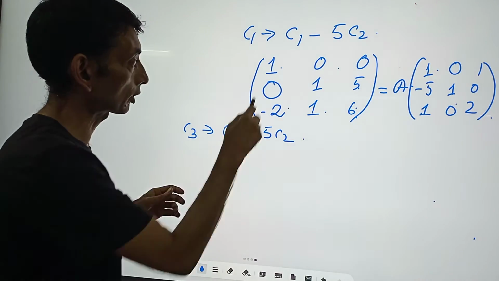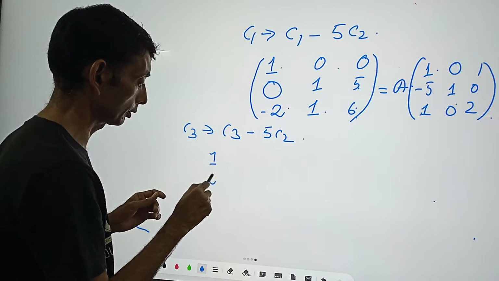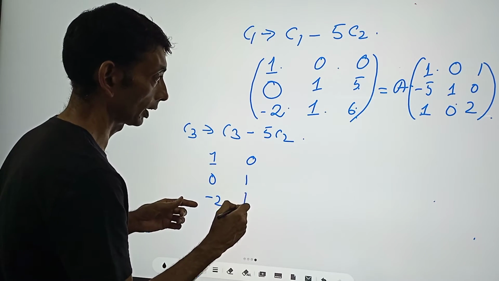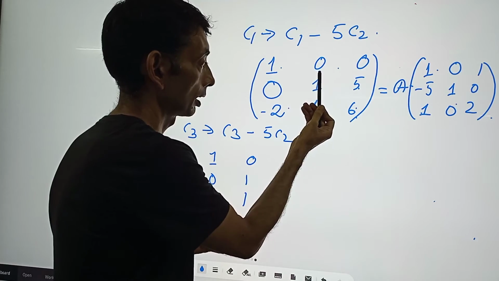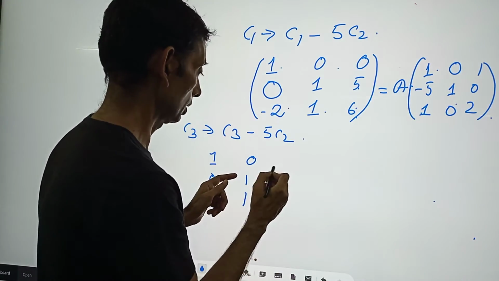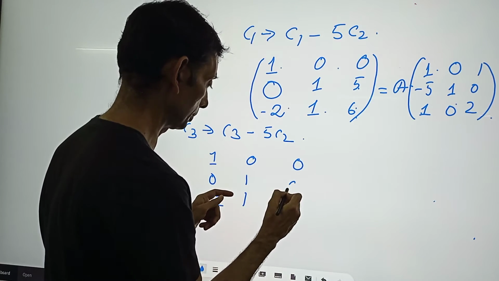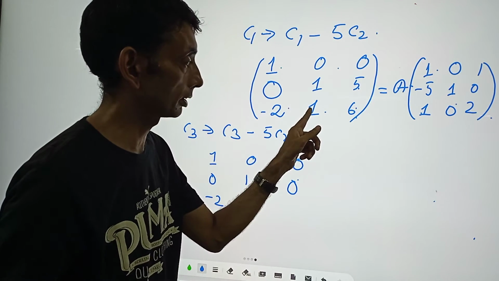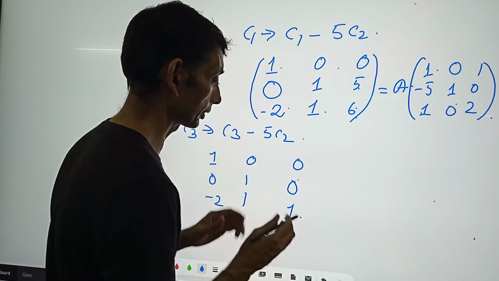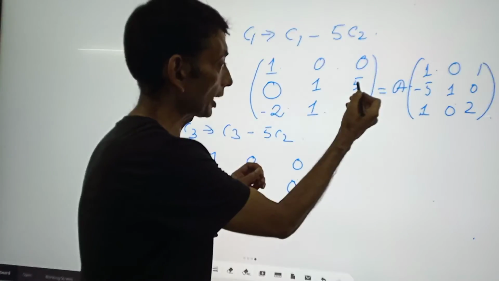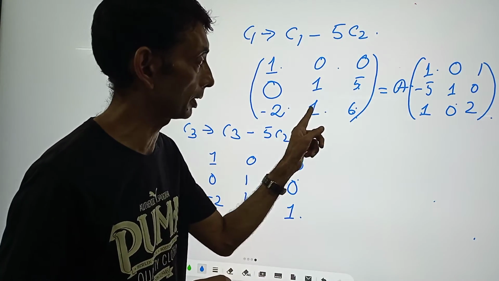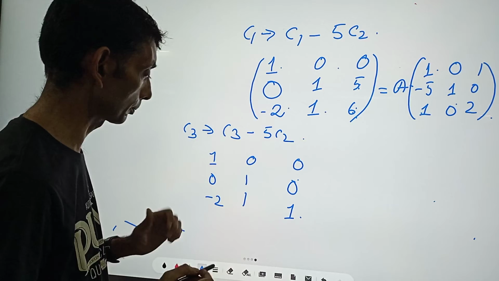There is no change in column 1, so it's 1, 0, minus 2, and 0, 1, 1. Since we have multiplied column 2 by 5 when subtracting, this will be 0 and this number will be 0, and since you have multiplied this number by 5 when subtracting, it will be 1. We got two benefits: we made this number 0 and we got this 1 in the right place, because if you multiply by 5 and subtract, you get 0, 0, 1.